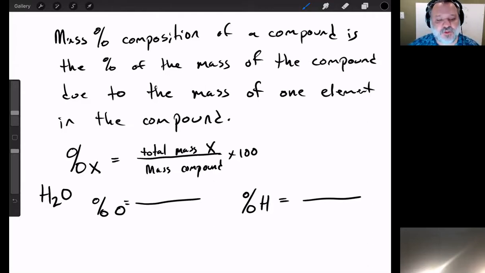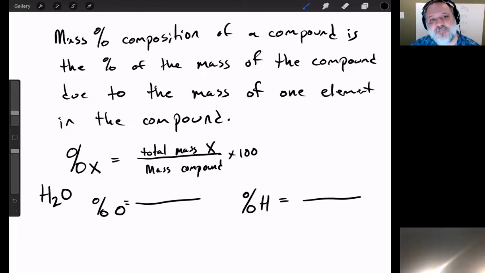Now, what should we know about all of the mass percent compositions? If we add them all up, what should we get? Right. If you take all of the mass percent compositions and add them up, you'll get 100. Someone says, is the mass percent composition 33.3% oxygen and 66.6% hydrogen?